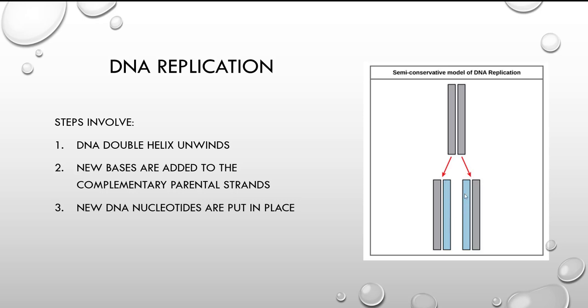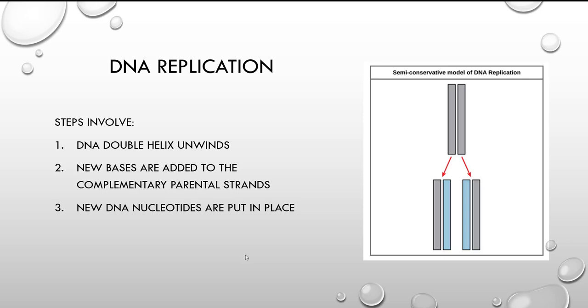So here's new and old. You can see how it's semi-conservative. Each of these DNA molecules is made of one old and one new. That's why it's considered semi-conservative. Semi, half old, half new.